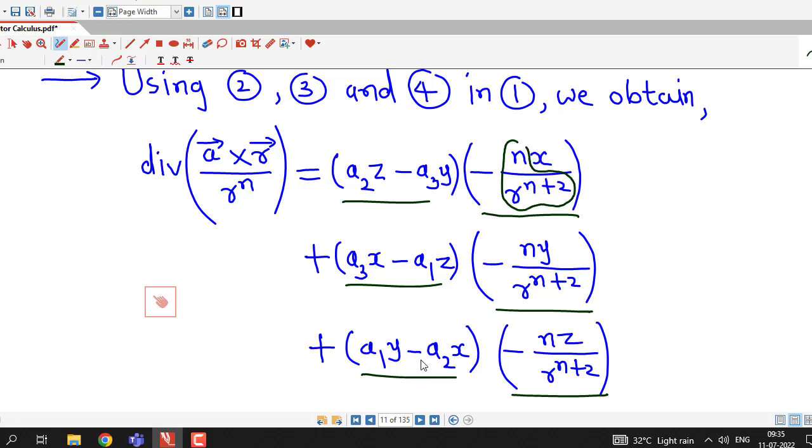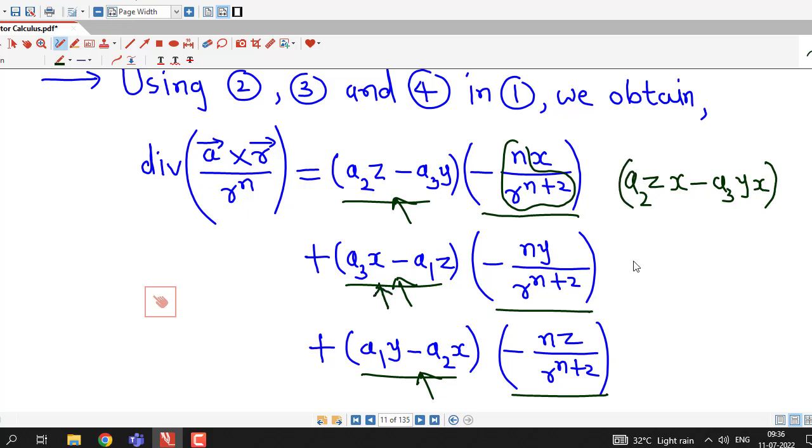So I will take that common, and I will multiply this bracket by x, this bracket by y, and this bracket by z. So if I take this quantity outside, I will have a2z minus a3y into x. So I will have a2z into x minus a3y into x.